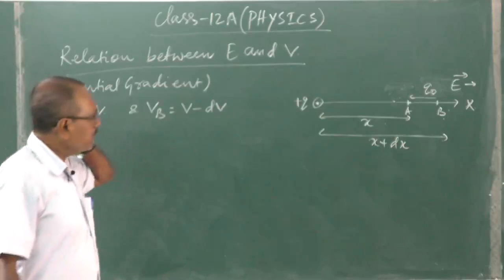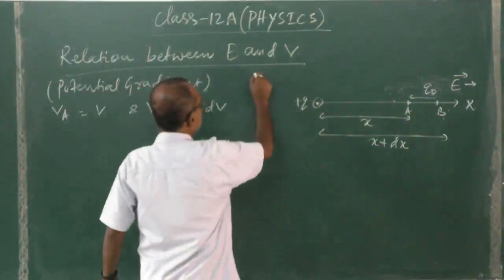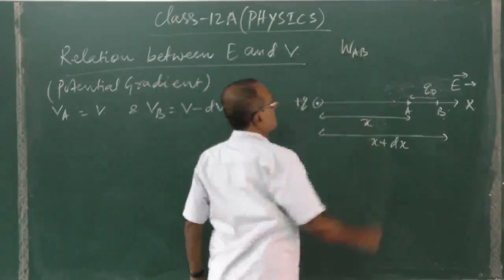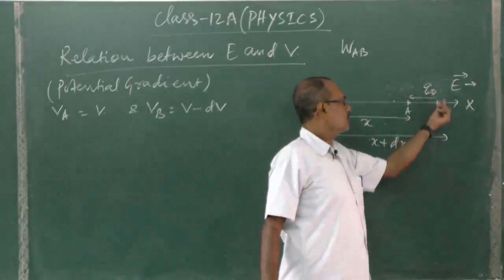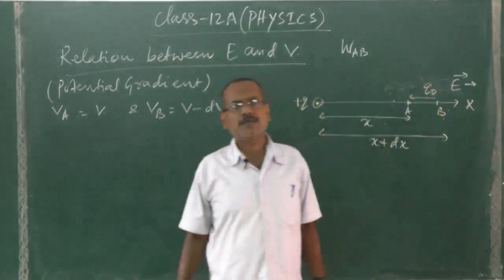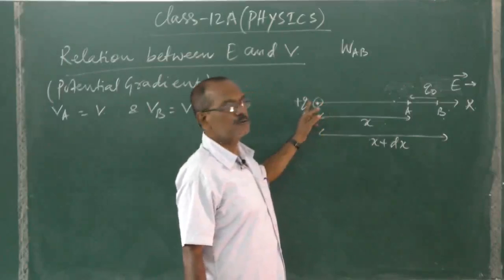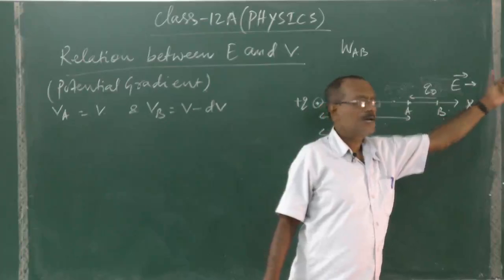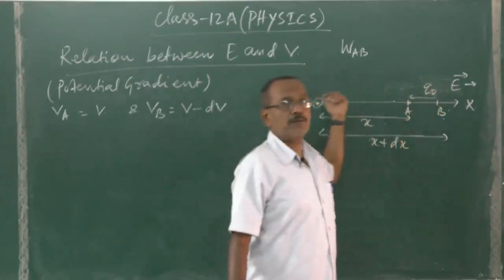If WAB is the work done to move the charge Q0 from B to A against the electric field, because field due to plus Q is in this direction, and this Q0 will be repelled by that field or by this charge.